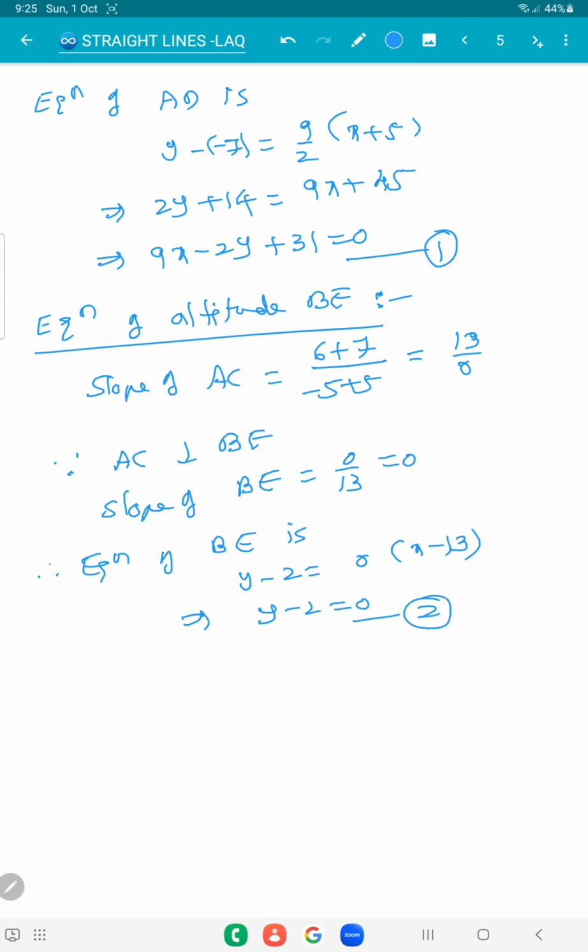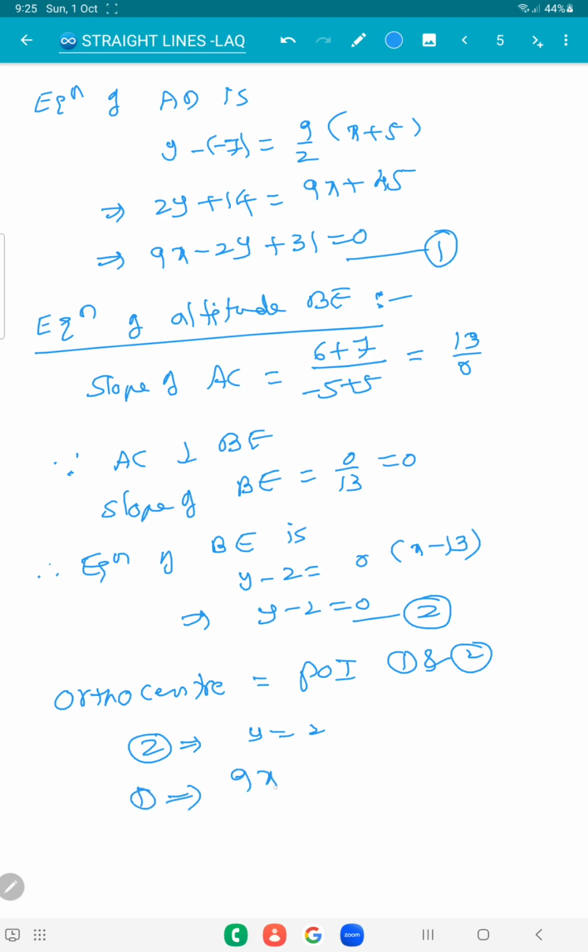Let it be 2. So orthocenter is equal to the point of intersection of 1 and 2. From 2, y is equal to 2. Substitute that in 1. 9x minus 2 into 2 plus 31 is equal to 0.